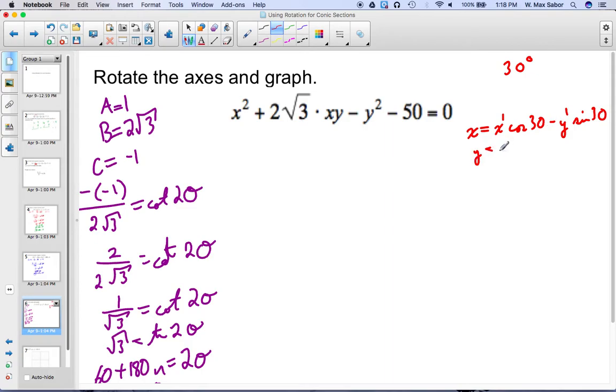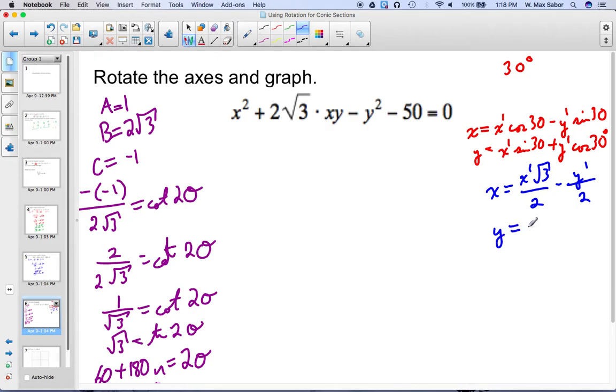Y equals x prime sine of 30 plus y prime cosine of 30. So that means x is going to be x prime square root of 3 over 2 minus y prime over 2. Y will be x prime over 2 plus y prime square root of 3 over 2.